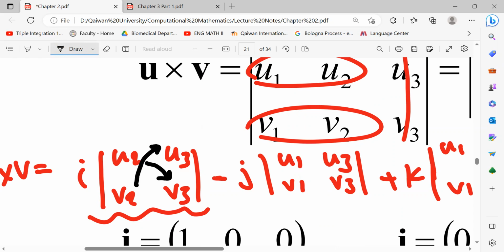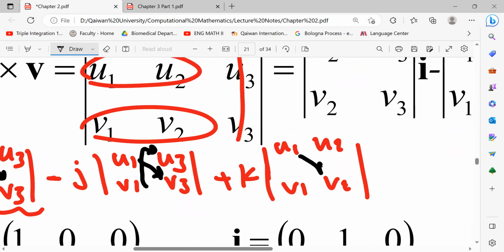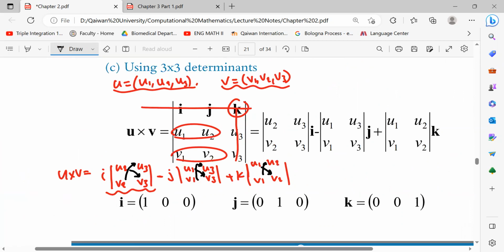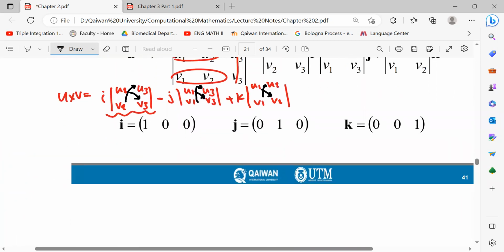That's the result. For this one, the same: multiplying these two, minus, multiplying these two. And even for this one, multiplying these two, minus, multiplying these two. That's okay. These 3 vectors, i, j, and k, are the 3 unit vectors.